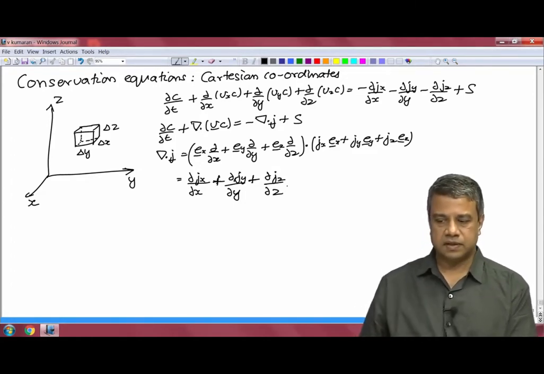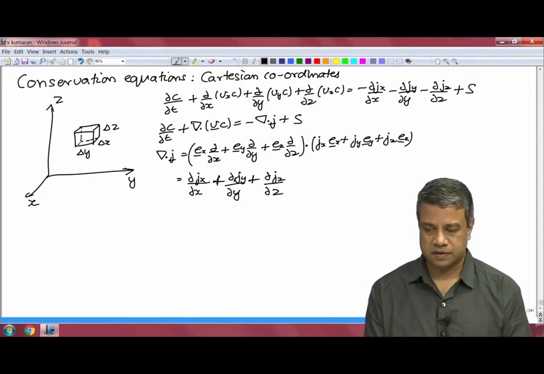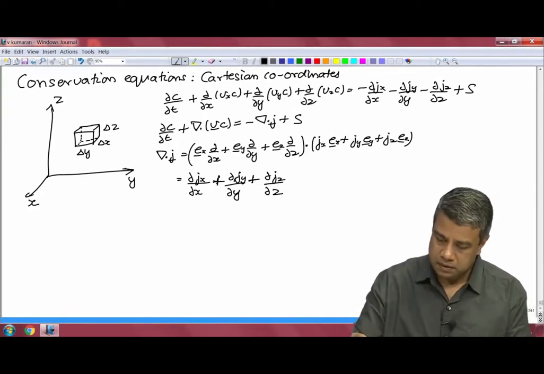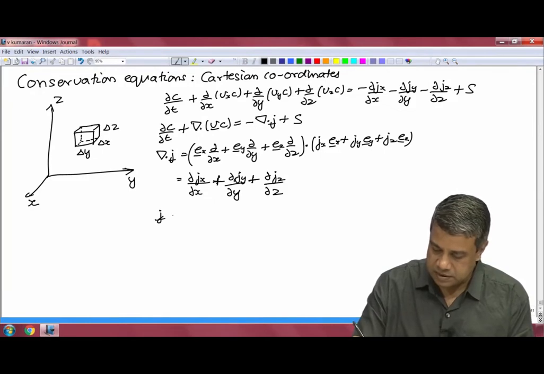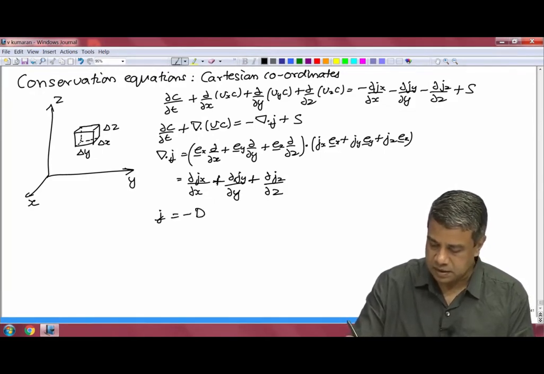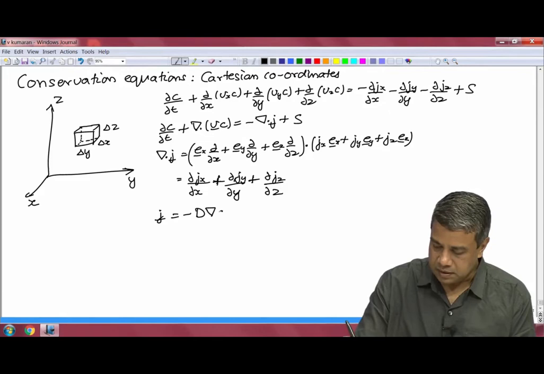Okay, that is the divergence of a vector, that is the definition of the divergence. The constitutive relation was j is equal to minus d times the gradient of the concentration.